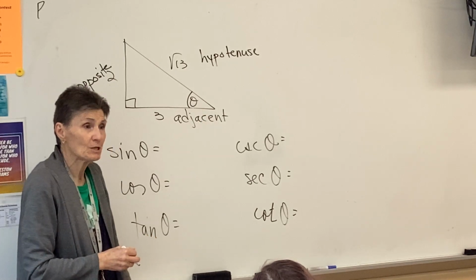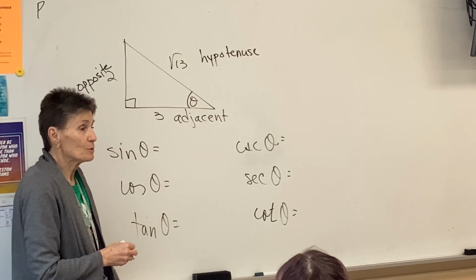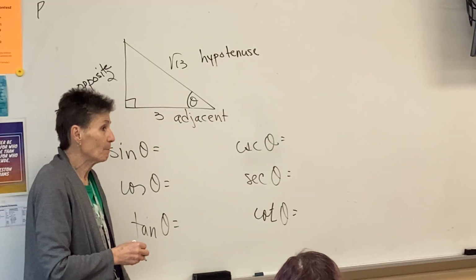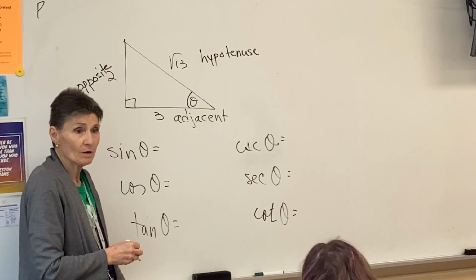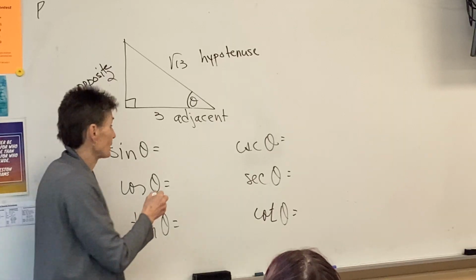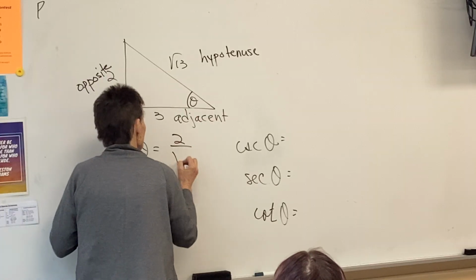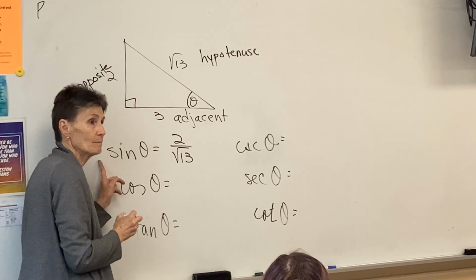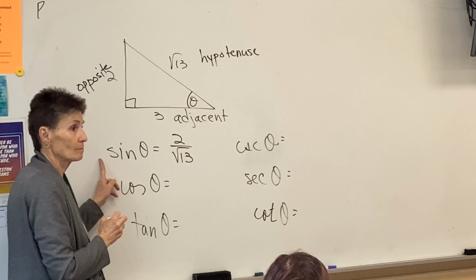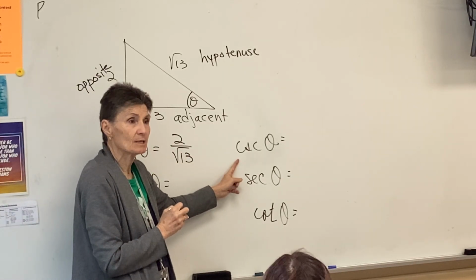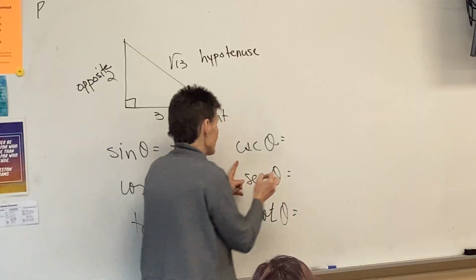Now, if you look at your green sheet, you see what sine is. Sine is opposite over hypotenuse. So opposite over hypotenuse would be 2 over root 13, which automatically means the cosecant is what? Root 13 over 2.